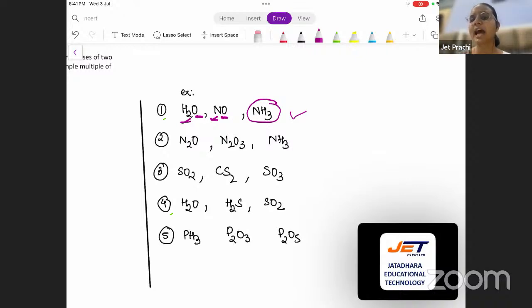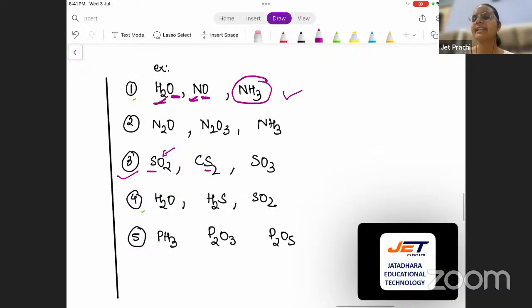Let's suppose I pick up the third one. Okay, Gayatri. Here we have the molecules SO2, CS2 and SO3. Now let's see what the common element is here. Yes, I have sulfur here. With sulfur, in the first molecule I have oxygen, and in the second molecule I have carbon.